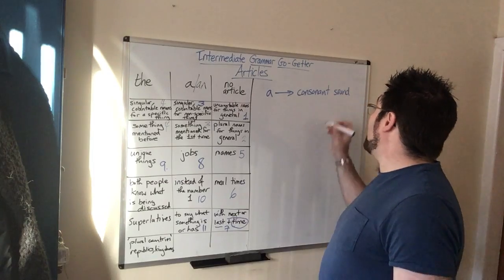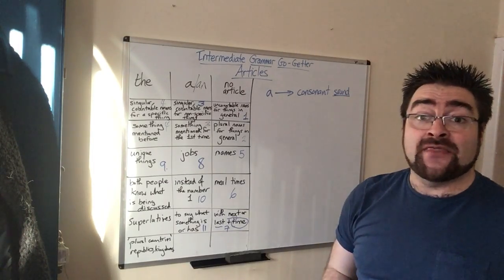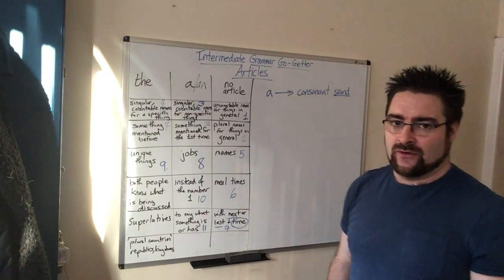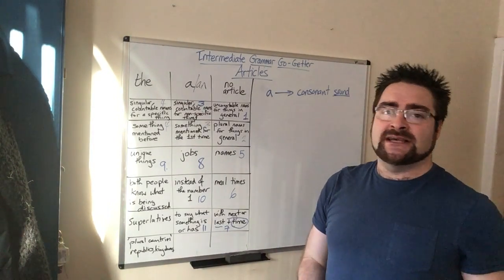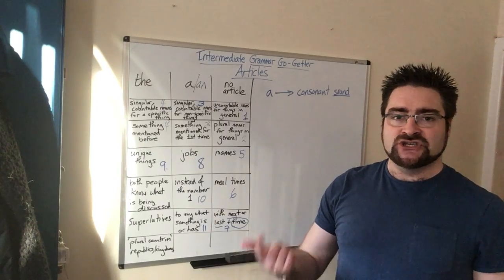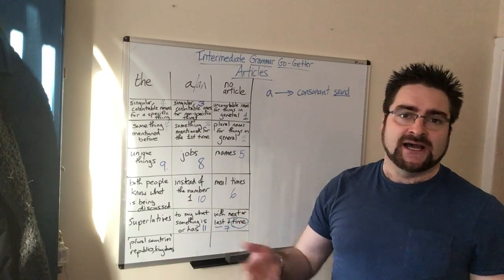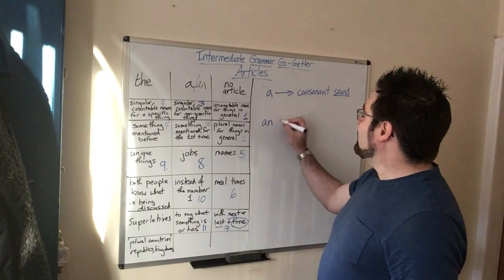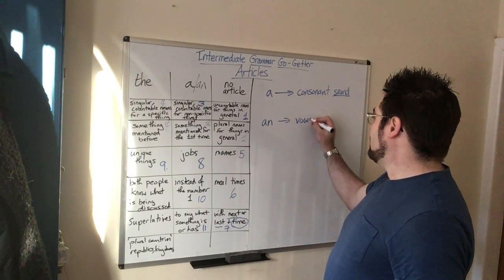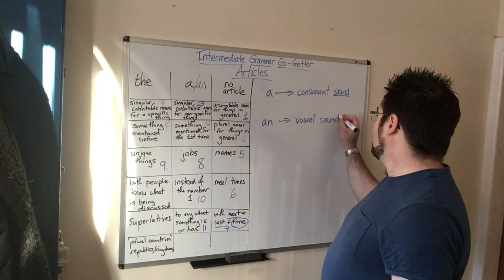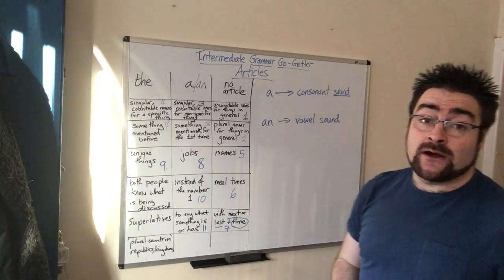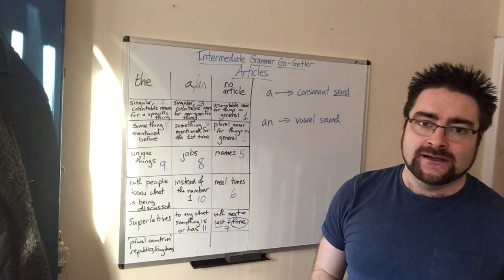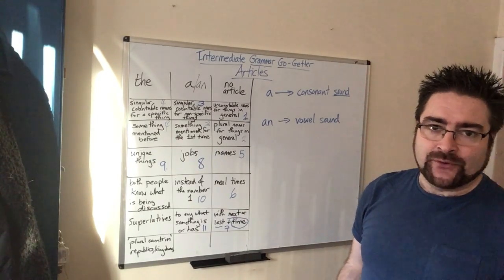Now the important thing about this is it's not saying that a consonant comes next, it's saying a consonant sound. Now if you're not sure what a consonant is, that is things like b, d, f, g, and so on. Okay? An is used when we follow it with a vowel sound. Okay? And a vowel sound would be a, e, i, o, for example.